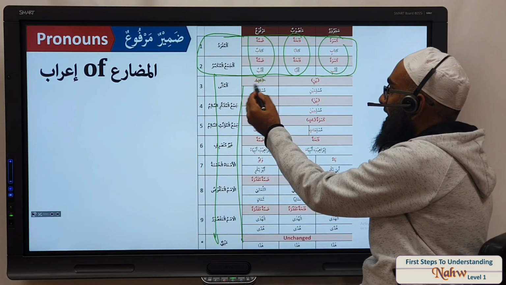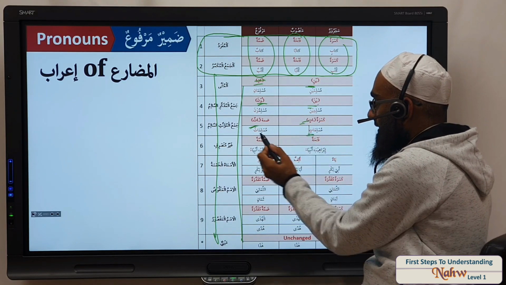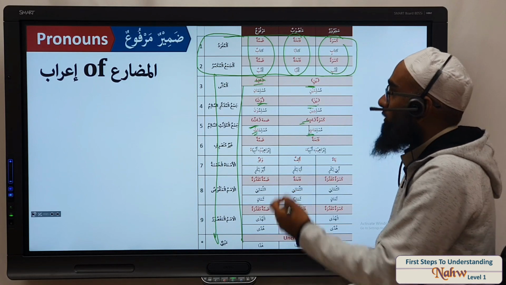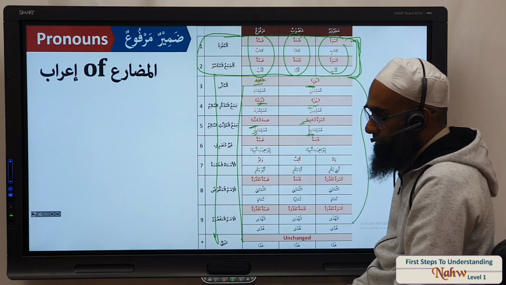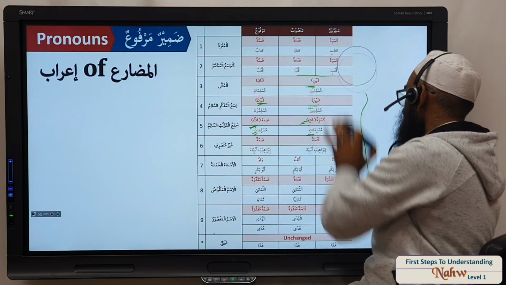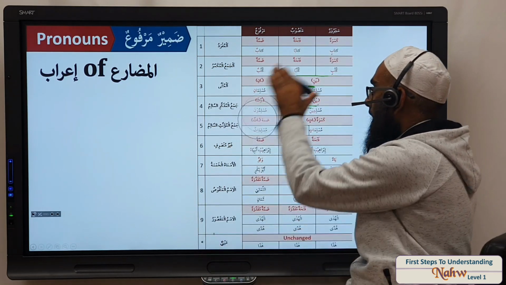For example, you have ani here, aini, una, ina, atun, atin. It varies depending on which type of noun. So you have one base noun, which is a standard, and then you have variations. Yes, and we covered this in detail when we were discussing the ism and the i'rab of the ism.